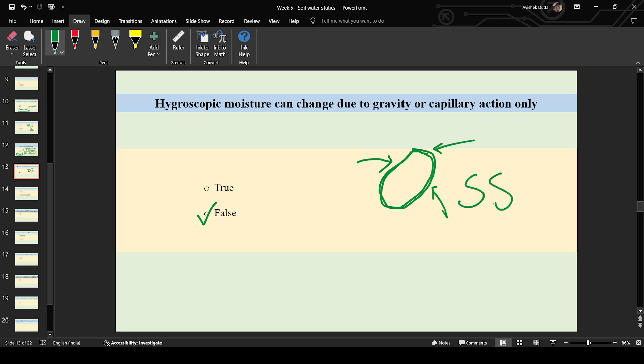There are some factors which might influence this, but those are not gravity or capillary action. It can be temperature, the soil texture, the mineralogy, or the humidity. Of course, the humidity will affect, but not gravity or capillary action. So this statement is false, that hygroscopic moisture can change due to gravity or capillary action.